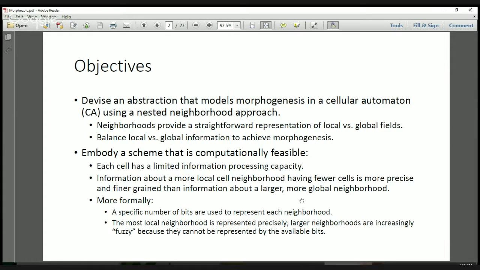Local is essentially a smaller neighborhood, and global is a larger neighborhood. And it allows us to explore the idea of how local versus global information can combine to achieve morphogenesis.